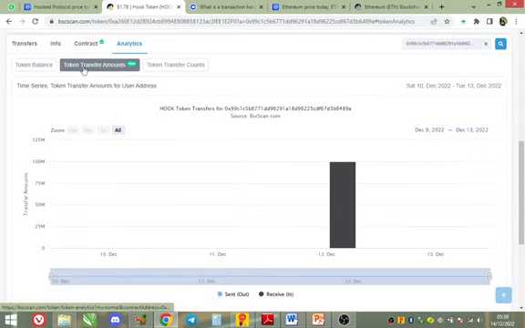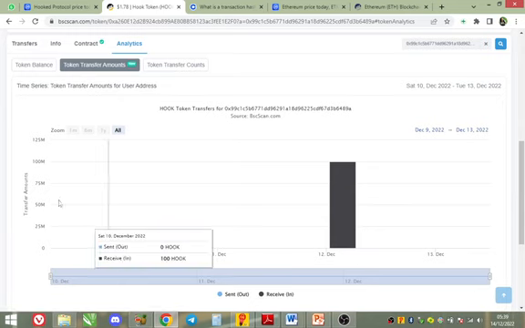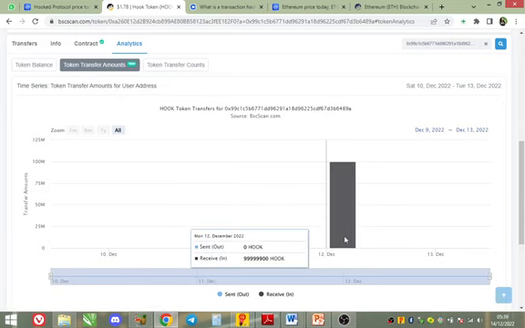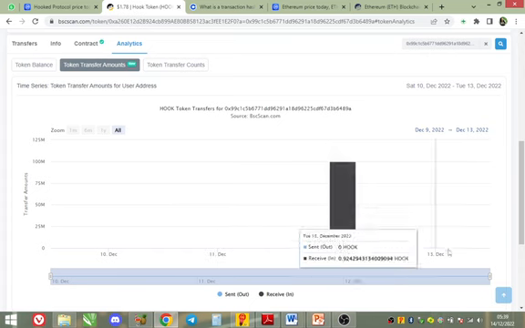Now we have our token transfer count. He only received 999 worth of the token on December 12th.